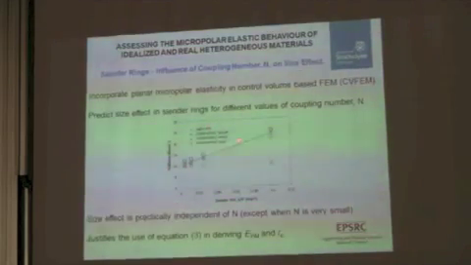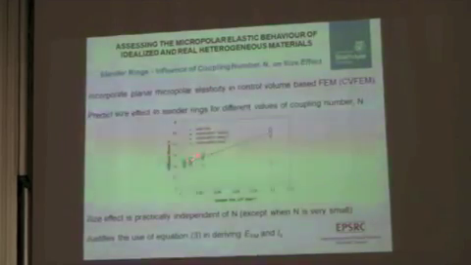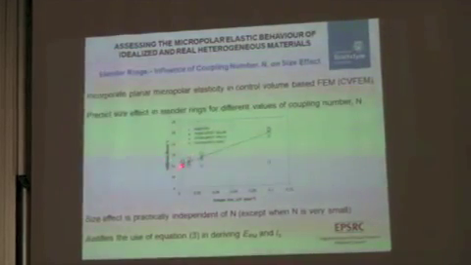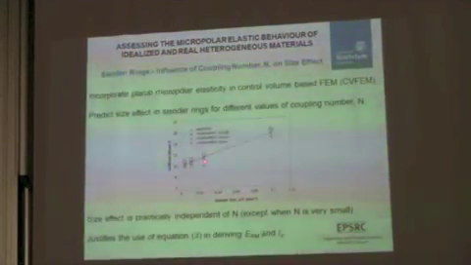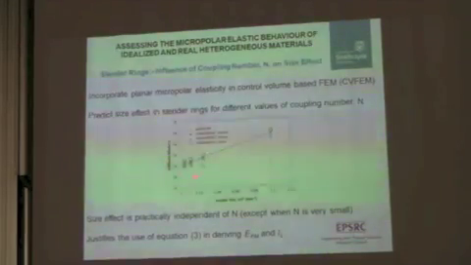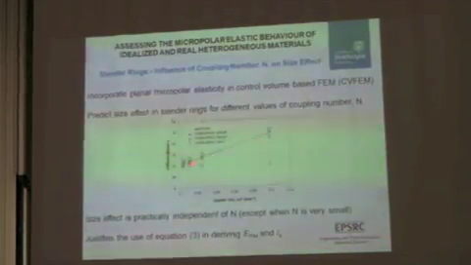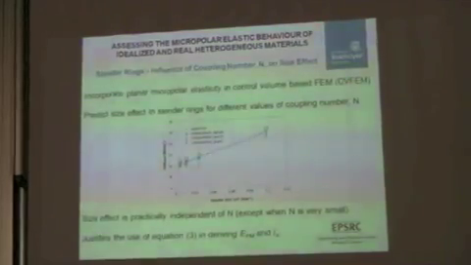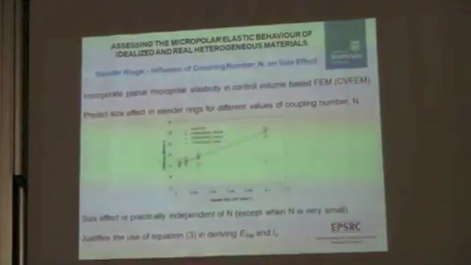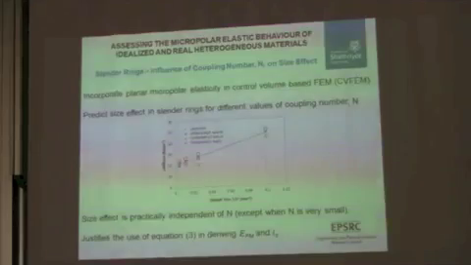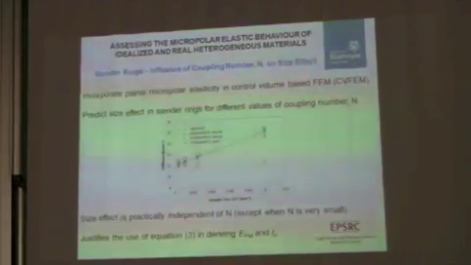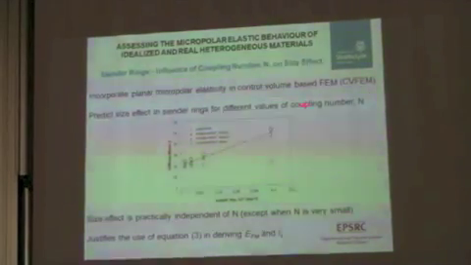If we set the coupling number up to almost 1, you get approximate couple stress behaviour. But you can see our experimental data lies very close to approximate couple stress behaviour. So using our finite element method, we throttle back the coupling number and start reducing it away from 1 down towards 0.